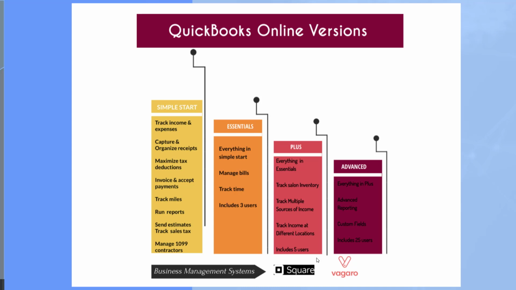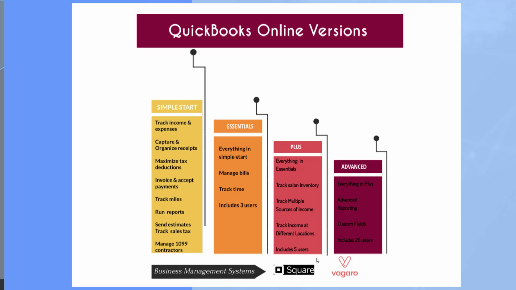So I think that's pretty much it. Hopefully I've given you a brief summary of the types of software QuickBooks has that can be used by salon owners, booth renters, and salon suite owners.